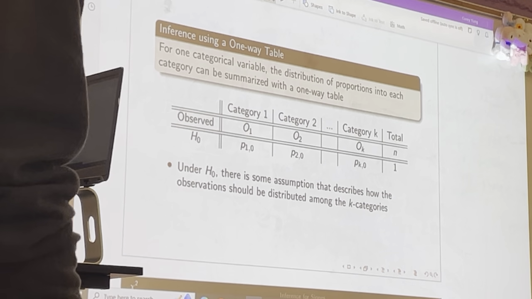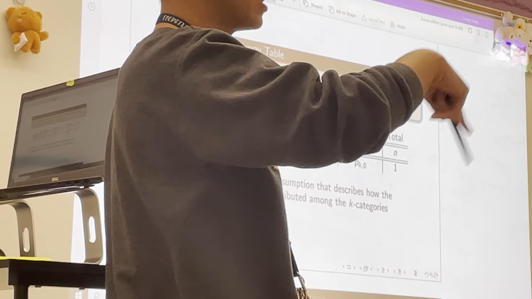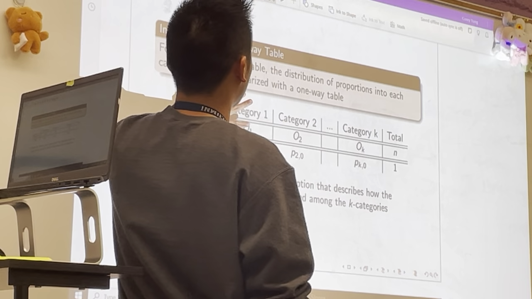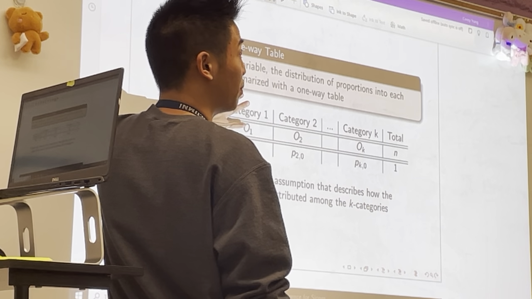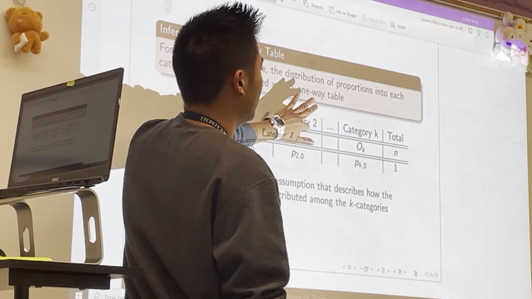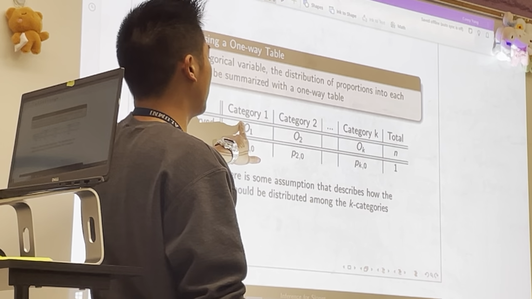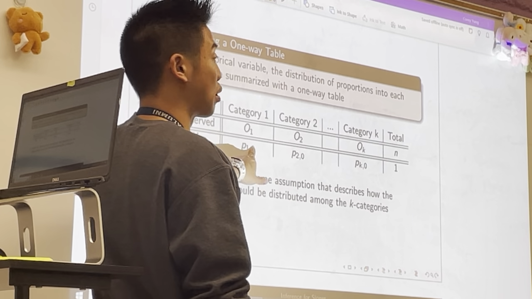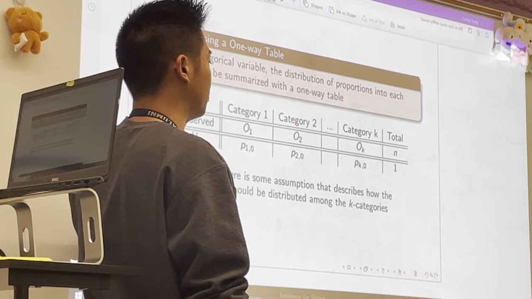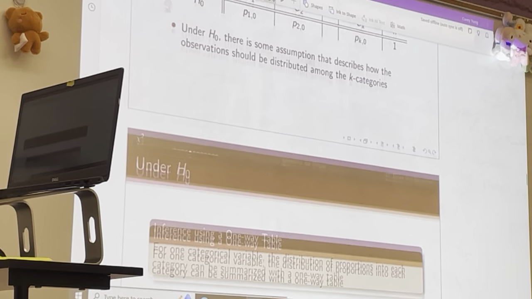Okay. But as you guys hopefully remember from the boxes, if I have observed counts, these are just whole numbers, like 20 things fell into this category, 15 fell into here, 14 fell into there. But these are probabilities. So I can't compare observed counts with the probability. So if I have the null distribution right there, and I have observed counts, well, what am I going to do?